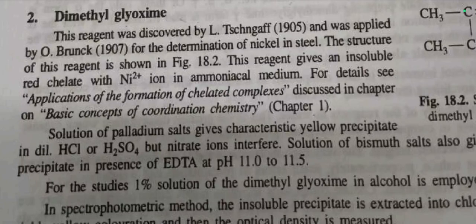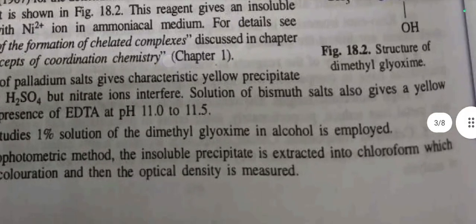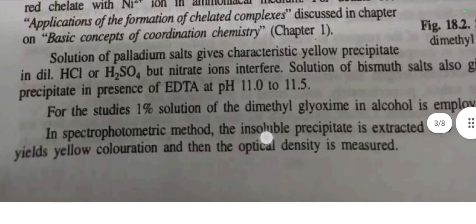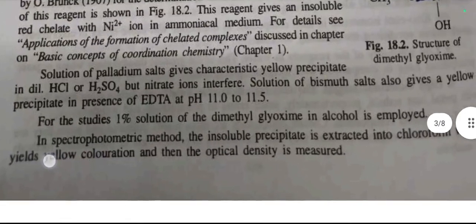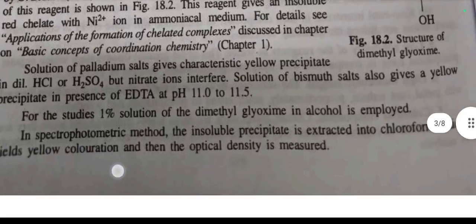Solution of palladium salts give characteristic yellow precipitate in dilute HCl or H2SO4, but nitrate ions interfere. Solution of bismuth salts also gives a yellow precipitate in presence of EDTA at pH 11 to 11.5. For the studies, 1% solution of dimethyl glyoxime in alcohol is employed.